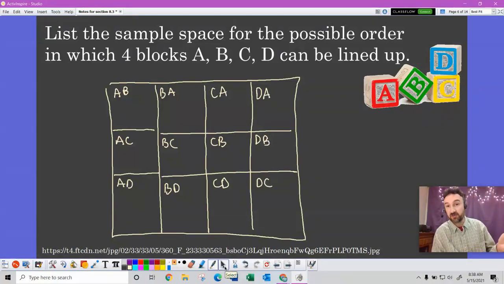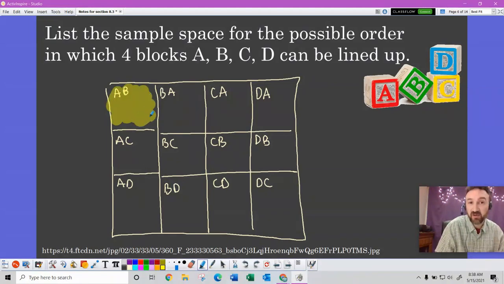So far I've got 2 of the blocks in order, and now I just need to fill in the third one. So if I just concentrate on this first space where A was first and then B was second, my options for the third block are either C or D. And then in both of those cases, the option for the fourth block is just 1 space. So I'm going to actually wind up cutting this into 2 same size pieces.